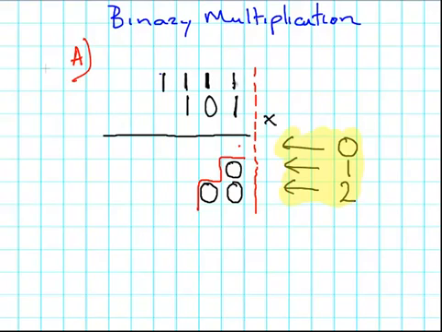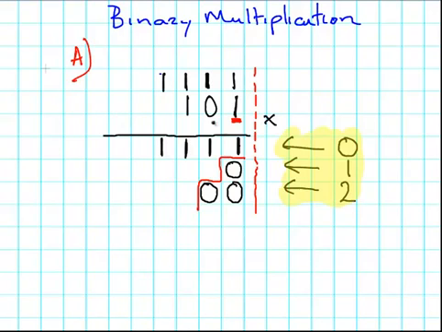It's a sort of arbitrary choice, but usually we put the longer number on top. I'm looking at the bottom row, 101. The first thing we do is look at the 1 at the end. In that case, we write out the top number in row 0.